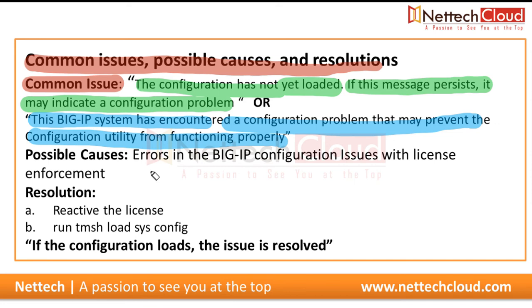Possible causes: errors in the BIG-IP configuration, or issues with license enforcement. Remember I talked about license reactivation, right? And the same is the resolution step here: reactivate the license and then try to load the sys config file again. If the configuration loads, the issue is resolved. Okay.